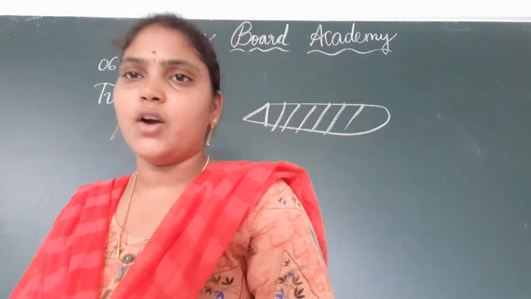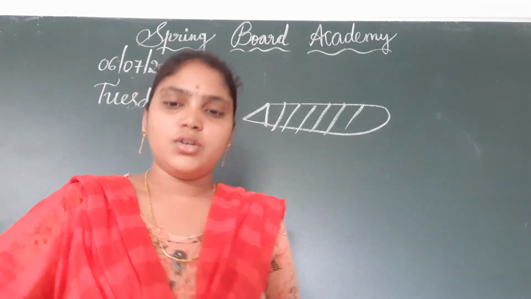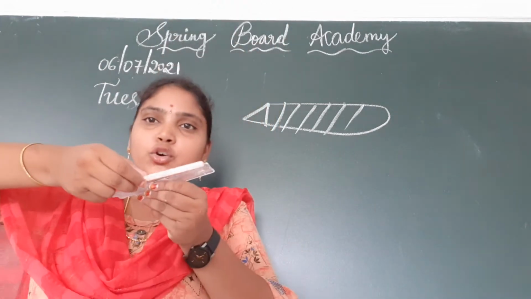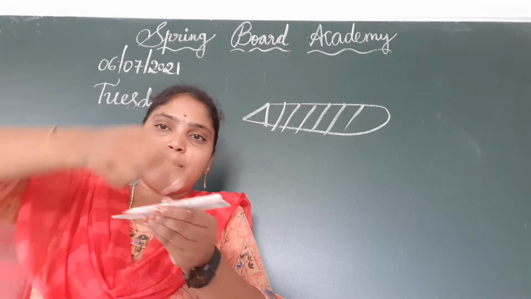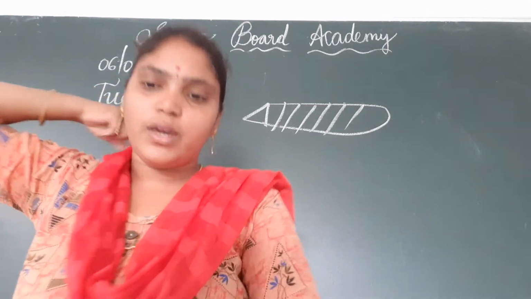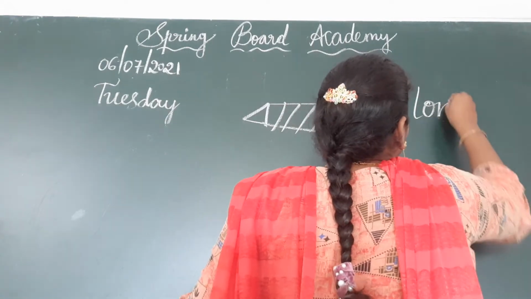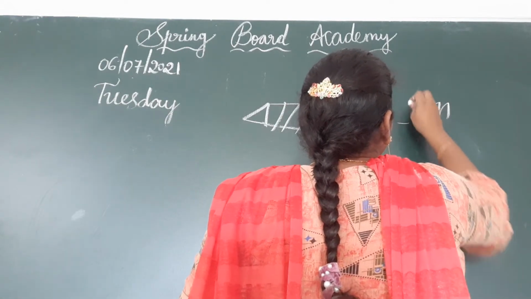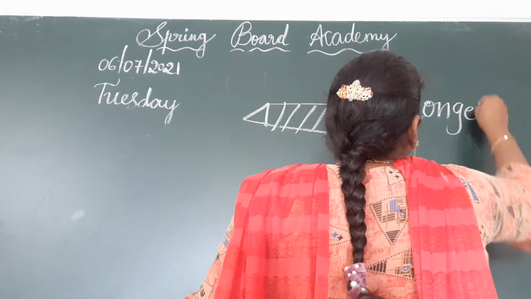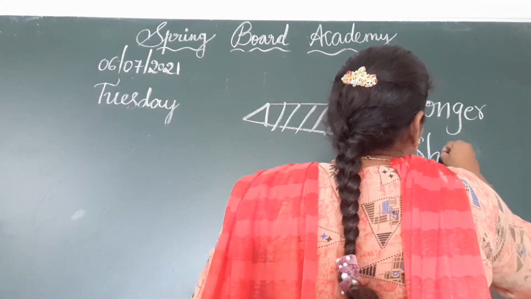Am I correct, children? How do we measure this length? We use a scale to measure this length. So when we measure this way, we use longer and shorter.